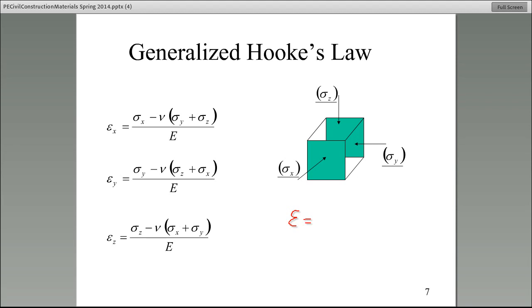Epsilon is equal to sigma over E. Do you agree? If you cross-multiply that equation we just talked about, this is what you get. Now, that's for 2 dimensions. Here, we are extending that to 3 dimensions. Therefore, we have sigma x, sigma y, and sigma z.